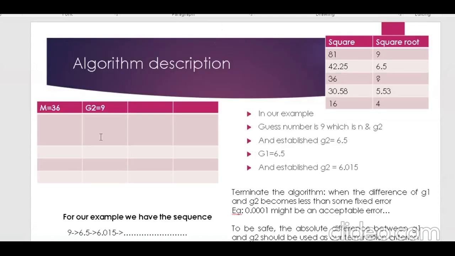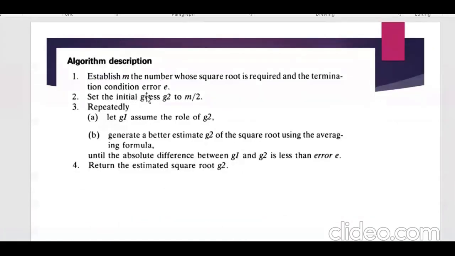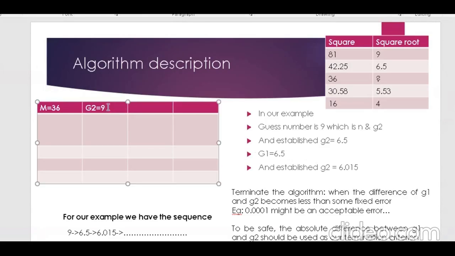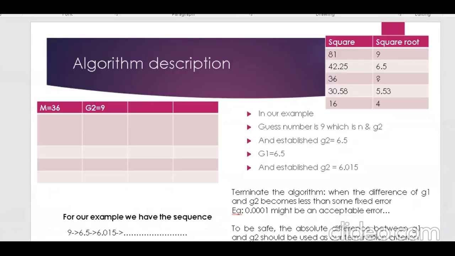But in our example we guessed our number from 9. So here we have guessed the number as 9. That is your G2. Okay. Now whatever G2 is, that is your G1. Now, what is the value of G2? That is 9. That is also G1.